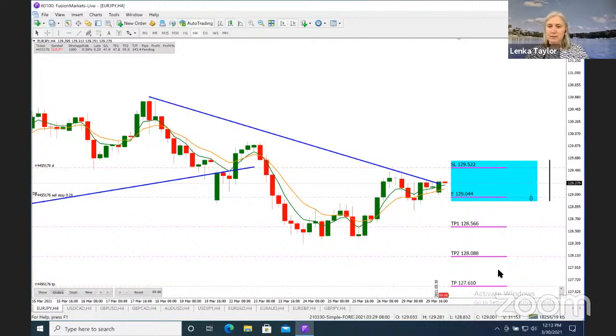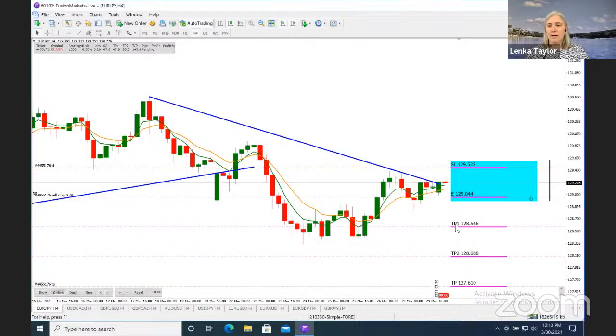When you place the TP at the end, is that for if you take just one profit? Well, it's really up to you how far you want to take the trade. TP1 is usually risk to reward 1-to-1.